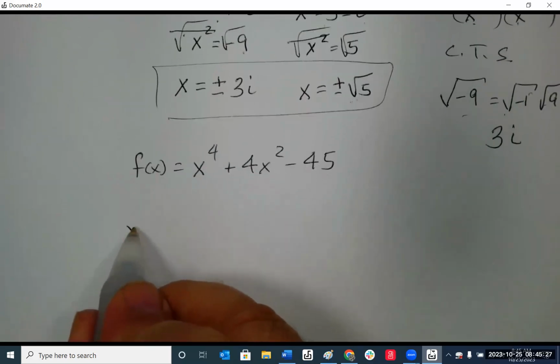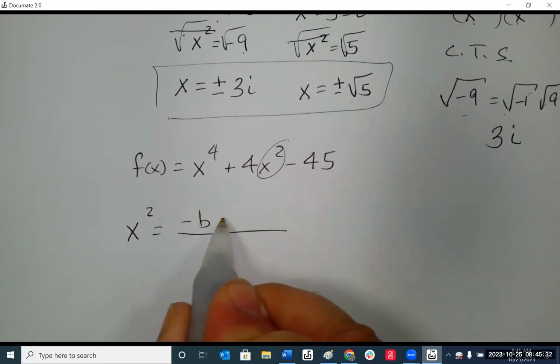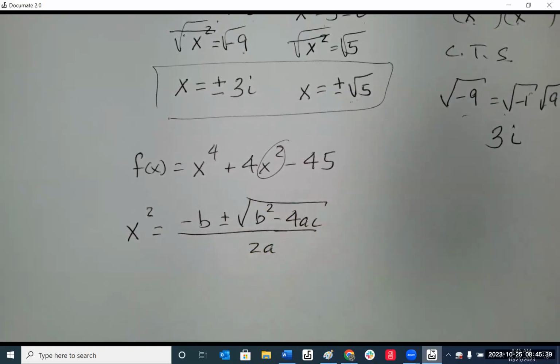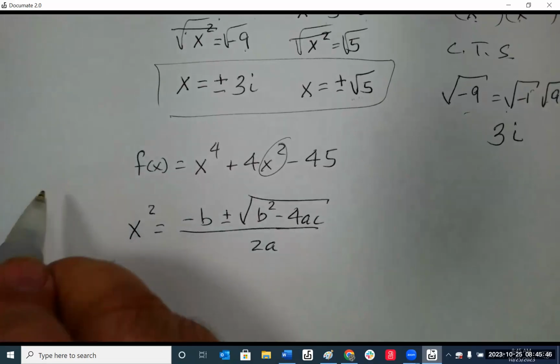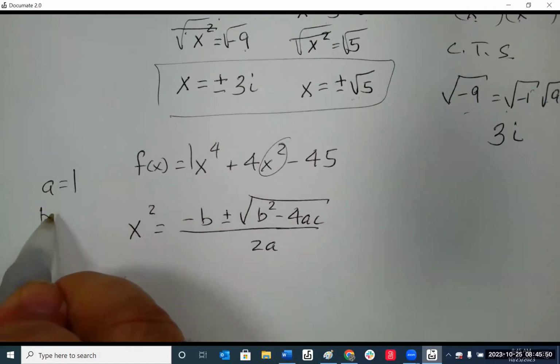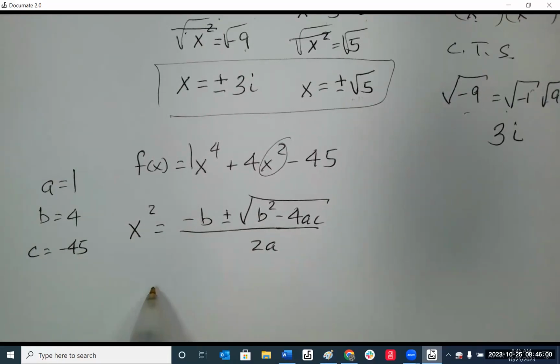So x equals -b plus or minus the square root of b squared minus 4ac, over 2a. A is 1, B is 4, and C is -45. You treat it the same way.